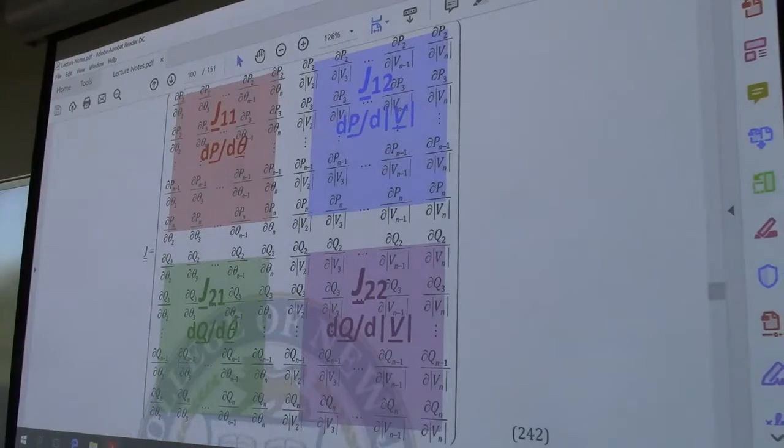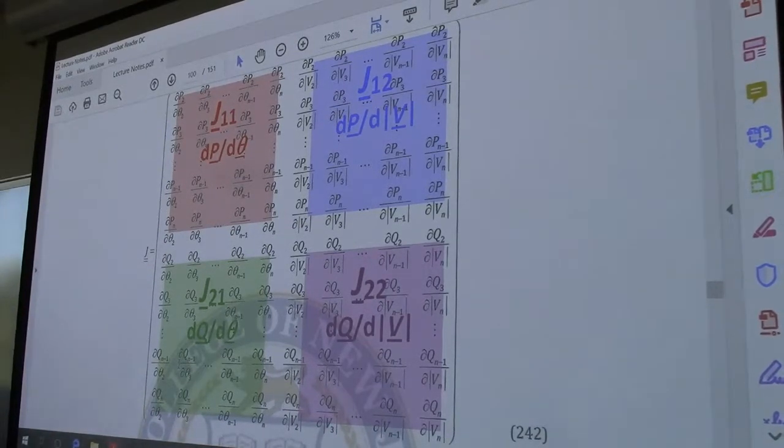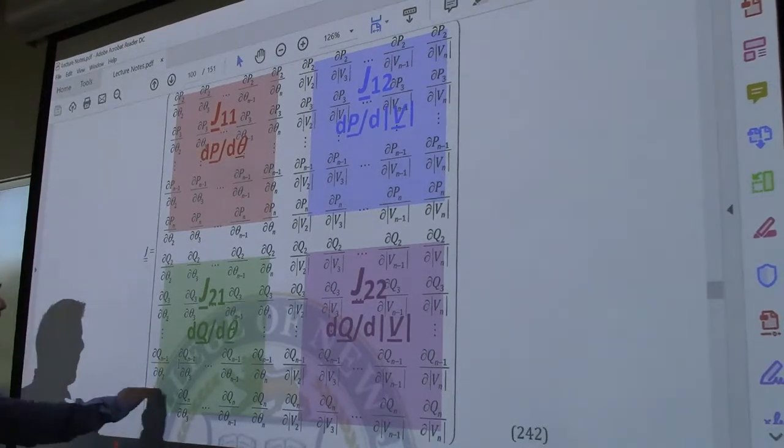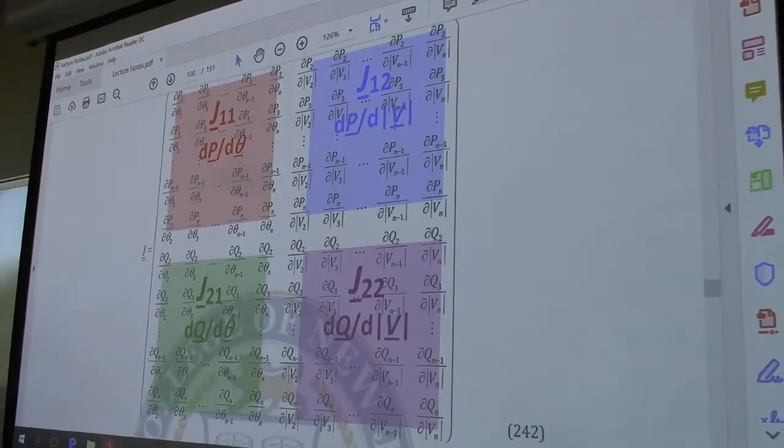Okay. So here's where it starts to look a little bit dicey. So the Jacobian matrix, all that this shows is how to take the partial derivatives. The rows correspond to the P or the Q value.